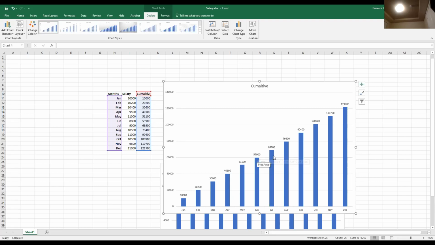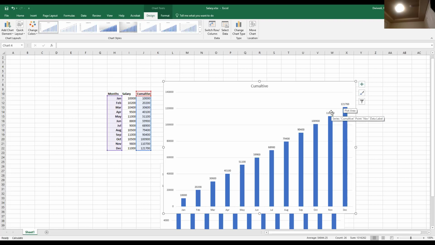59,900. What is the salary after August? So after August, basically I have 121,700 and up to August is 79,000. So we subtract. So multiple steps are reduced to only one or two steps in order to calculate the event probability if the event is asking more than, less than, or something.